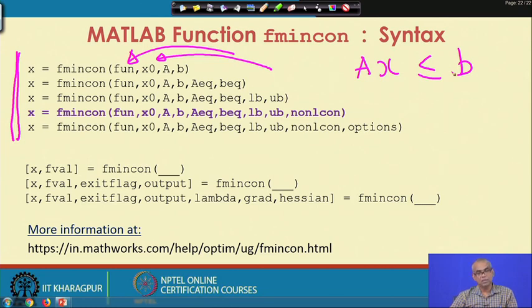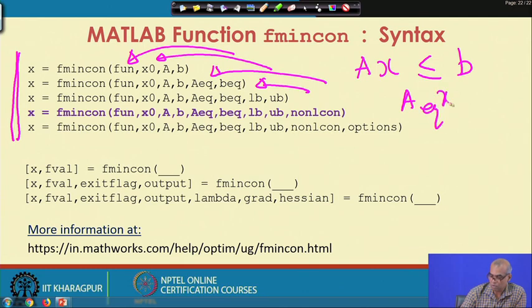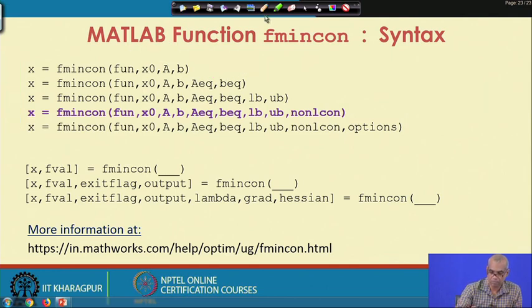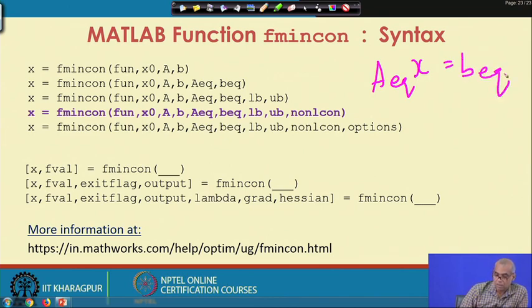If you have linear equality constraints, then you have to add these two. A_eq is basically the coefficient matrix for the equality constraint, and b_eq is the right hand side.